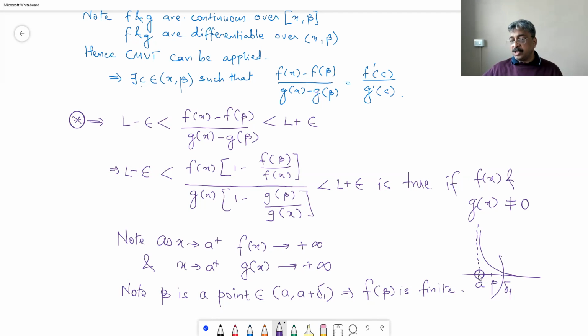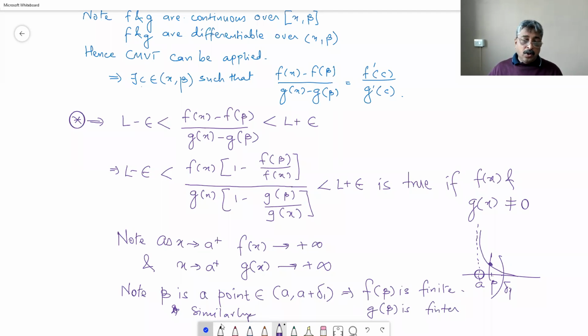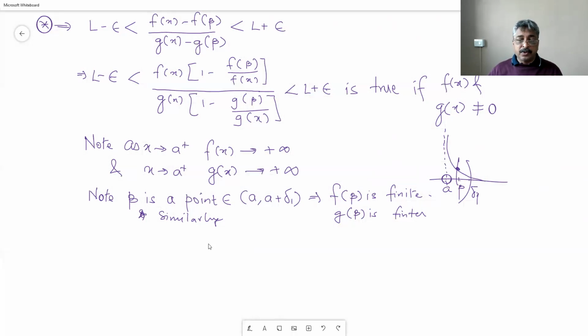Therefore if the function is tending to plus infinity at a, in the delta 1 neighborhood of a it will have some value, right? Therefore f of beta is finite. Similarly, g of beta is finite.